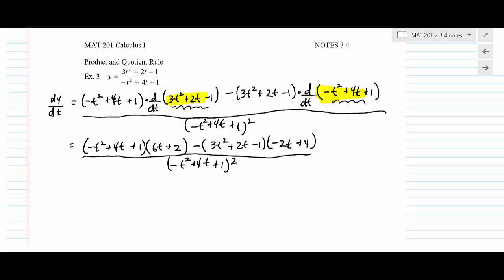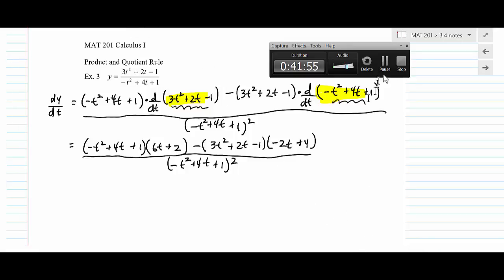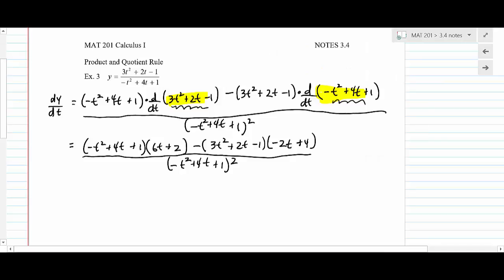Okay? Let's see if you can do that. I'll give you a couple minutes to work on that. You finish, and then you'll be able to look up here and see if you got it okay. I just want to make sure you can handle the sign issue on this.